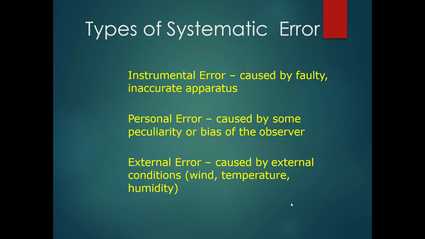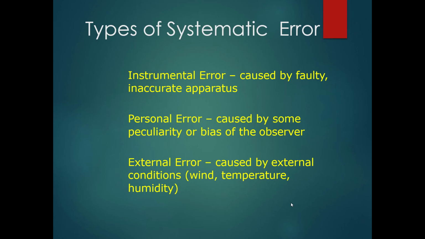Another example is personal error. Personal error depends upon the observer, who is the operator of the instrument. You know that one type of error is parallax error. Next is external error, which is also predictable. External errors can be due to wind, temperature, or humidity. In a lot of measurements, for example temperature measurement, the atmospheric pressure is an important factor.